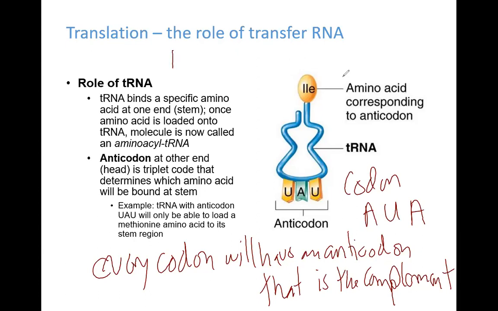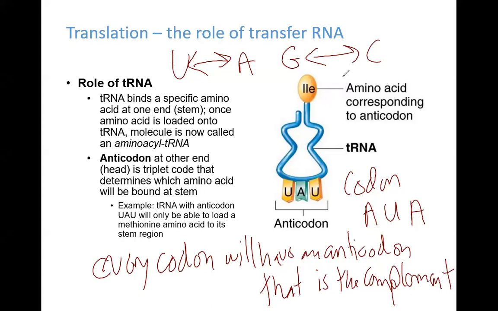Since in RNA, U pairs to A and G pairs to C, always. Those are the complementary pairings. So the anticodon is the complement of the codon.